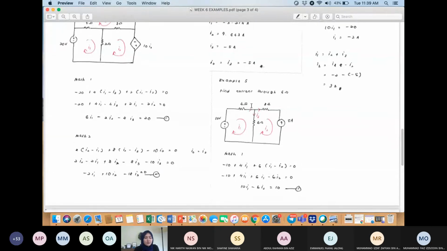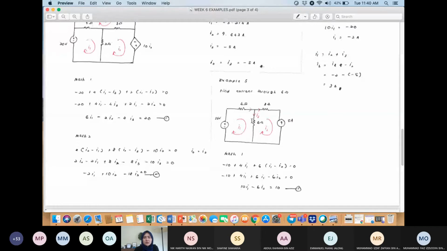Next, example 5. Over here we only have two loops, I1 and I2. The question asks you to find the current through the 6 ohm. So 6 ohm is over here. Basically the question asks you to find the current that flows through the 6 ohm.